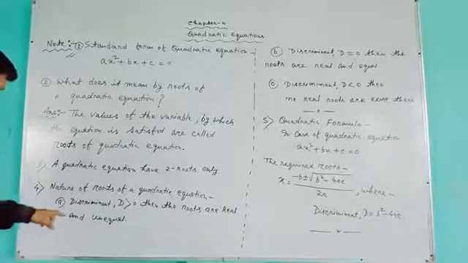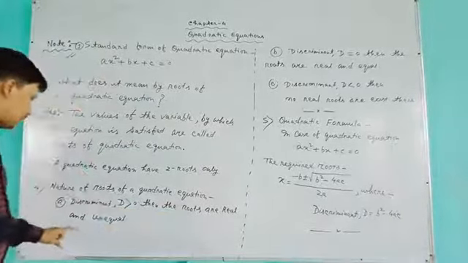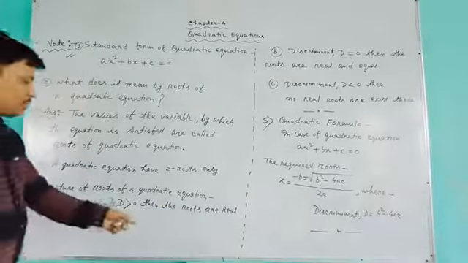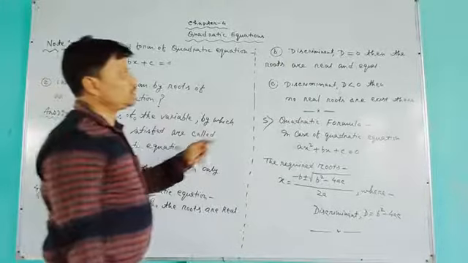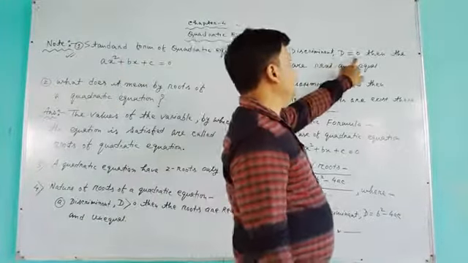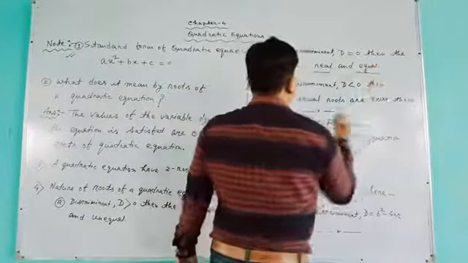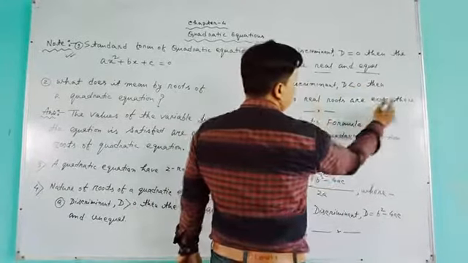Number 1, if the discriminant D is bigger than 0, then the roots are real and unequal. If D is equal to 0, then the roots are real and equal. If D is less than 0, then there are no real roots.